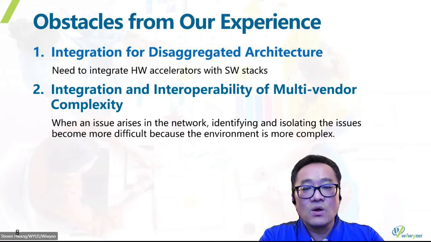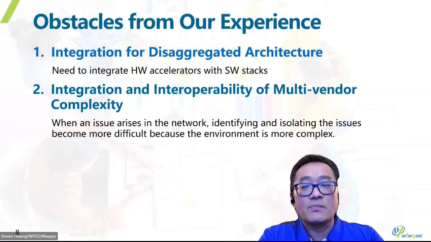For example, when we see issues in the network, it was harder to identify and isolate the issues, whether they are caused by certain accelerator hardware or by some mistaken software parameters. Or for most of the time, it was a combination of both.